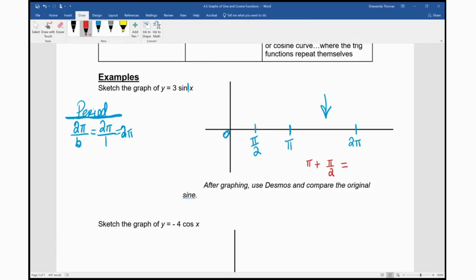Y'all tell me. 3 pi over 2. Say it again. 3 pi over 2. Because if you put a 1 here and then you multiply 2, you got it for fractions. That's why I put it on that first quiz. You're going to run into fractions a lot in this class, a lot. So we have 2 pi plus pi, which is 3 pi over 2.